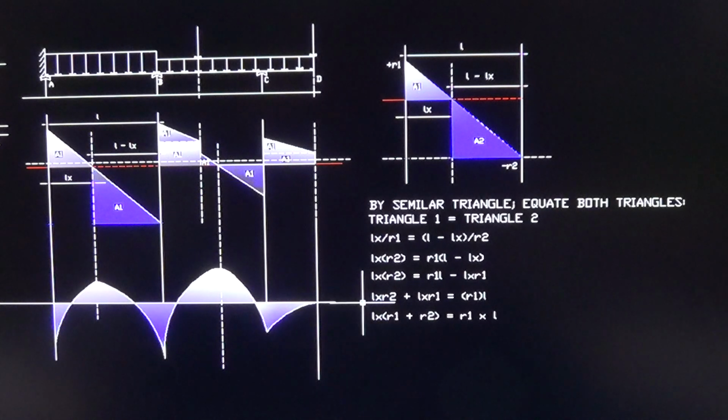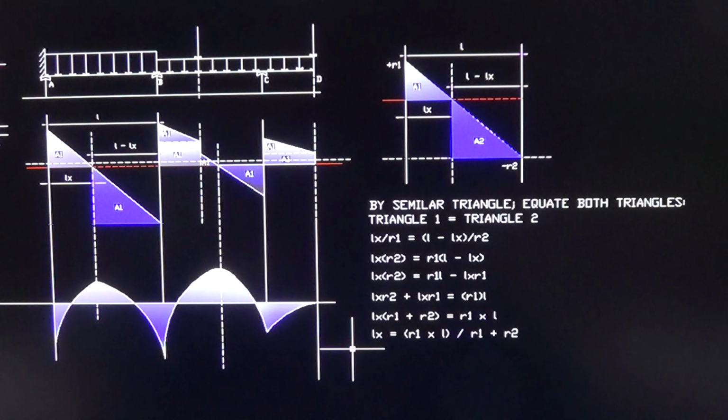Next is collecting like terms. The Lx here will be factored out from the R1 and R2, so that you have this result, Lx times R1 plus R2. R1 plus R2 is inside the parenthesis, because you factored out the Lx.